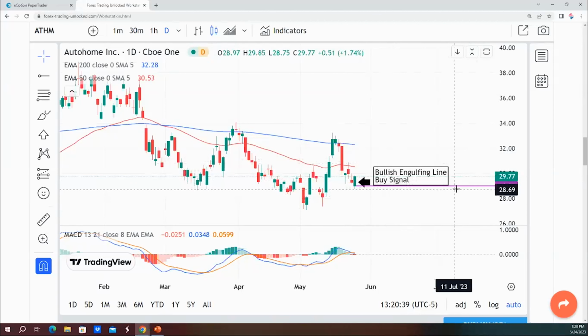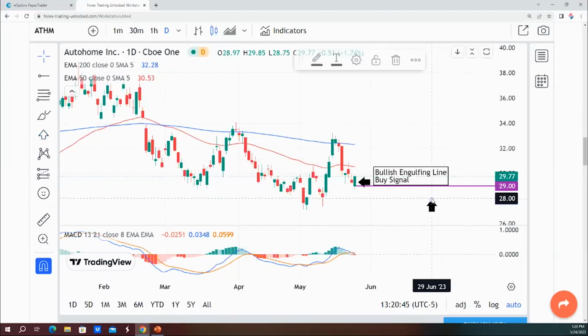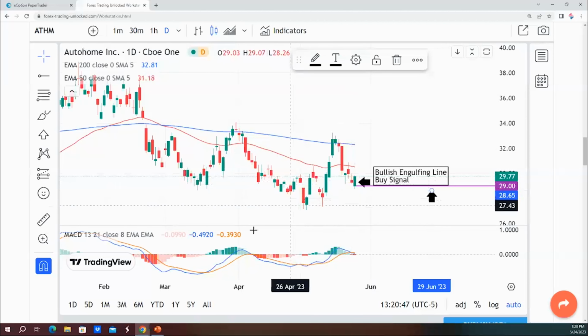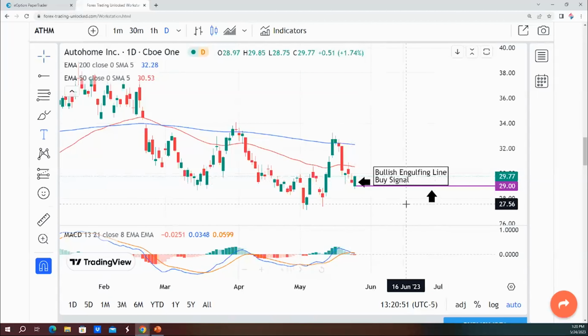So the 29 even strike price for the option here is just a little bit in the money. It's not at the money, it's actually in the money. So there's the market, that means the market is above the strike price.